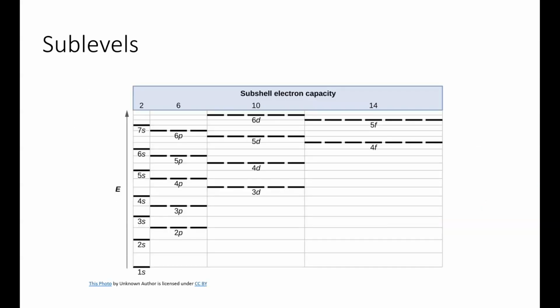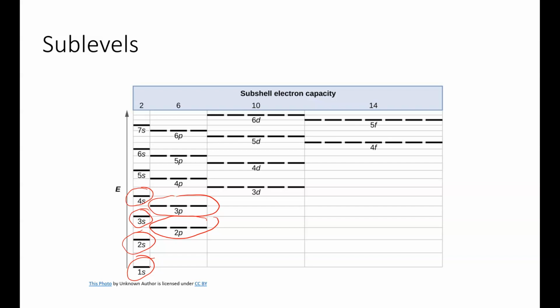Here's another way of looking at them. This is the 1s level, 2s, 2p, notice that we have increasing amounts of energy. 3s, 3p, 4s. That's as far as we're going to go for this unit, but you can see that the subshells continue to build up.